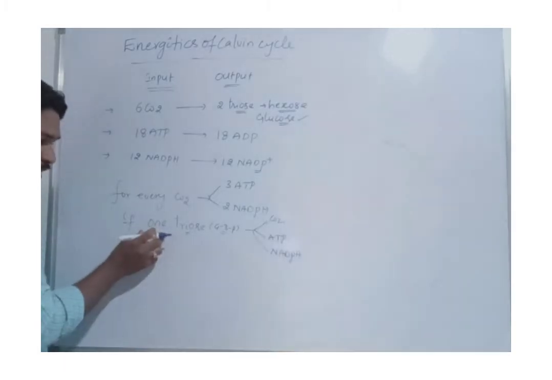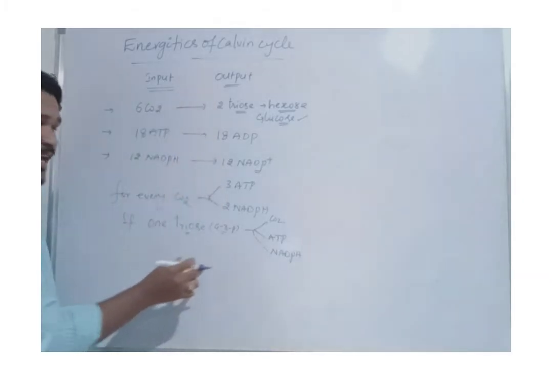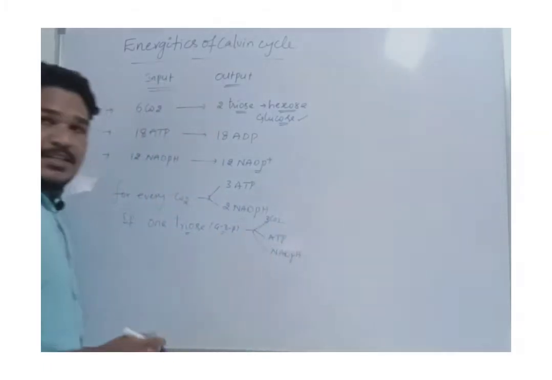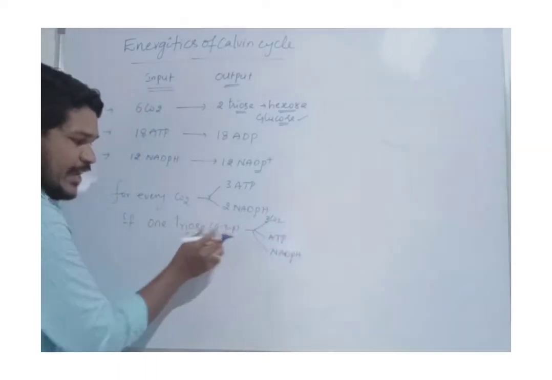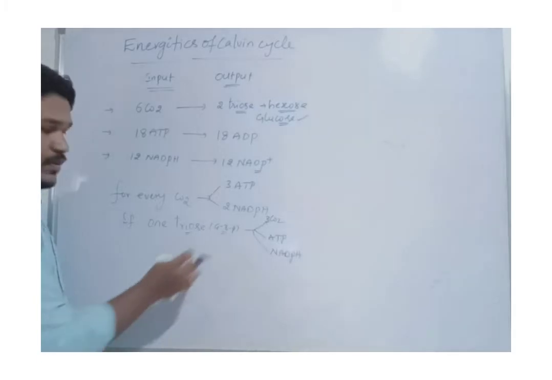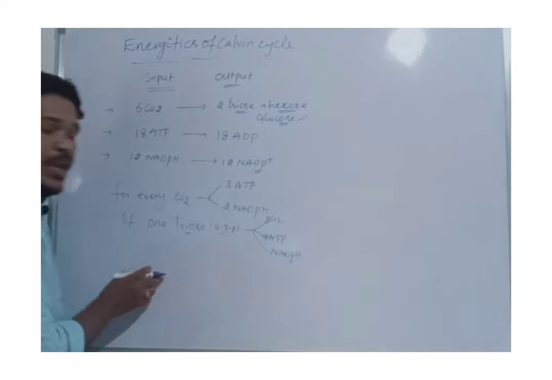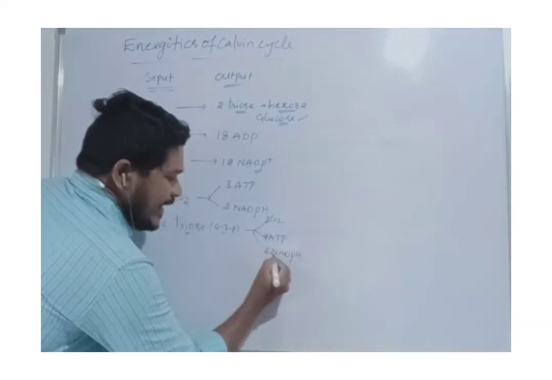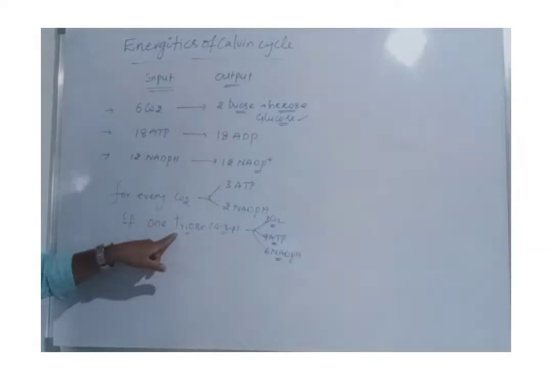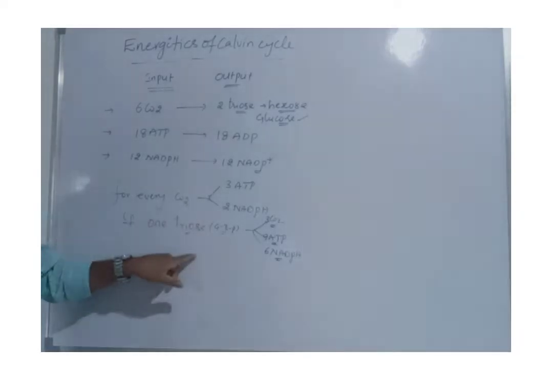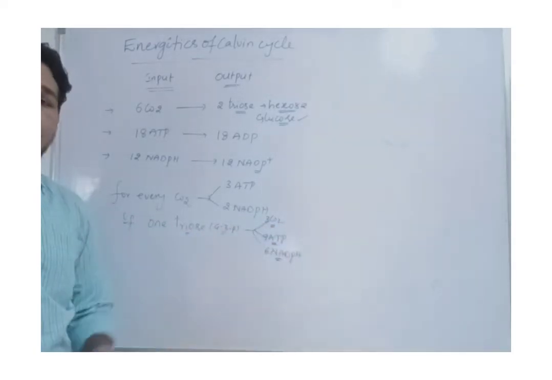For the formation of one triose molecule in the Calvin cycle, 3 CO2 molecules are required, along with 9 ATP molecules and 6 NADPH molecules.